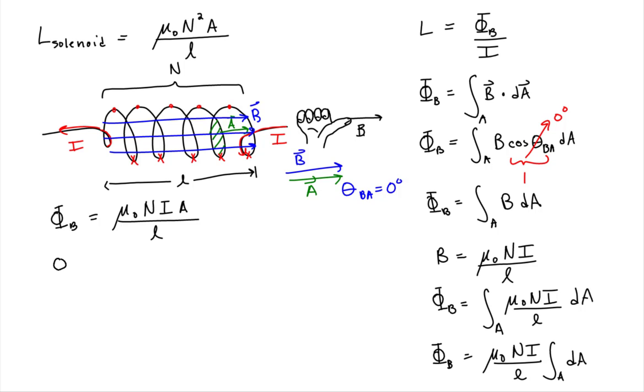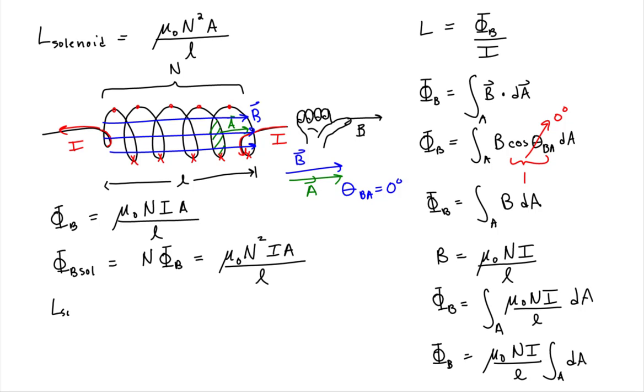To get the total magnetic flux of the solenoid, all we need to do is to take the result for the magnetic flux of a single loop of our solenoid and multiply it by the number of loops. When we do that, we end up with the total magnetic flux of our solenoid to be equal to the permeability of free space times the number of loops squared times the current times the area of a loop divided by the length of the solenoid.